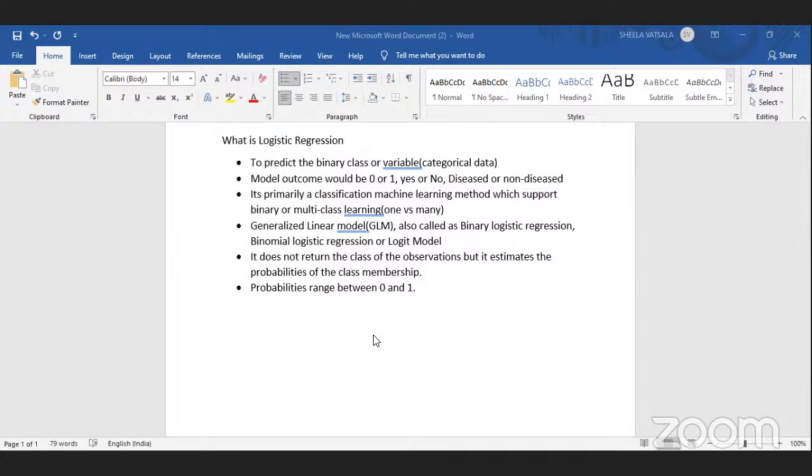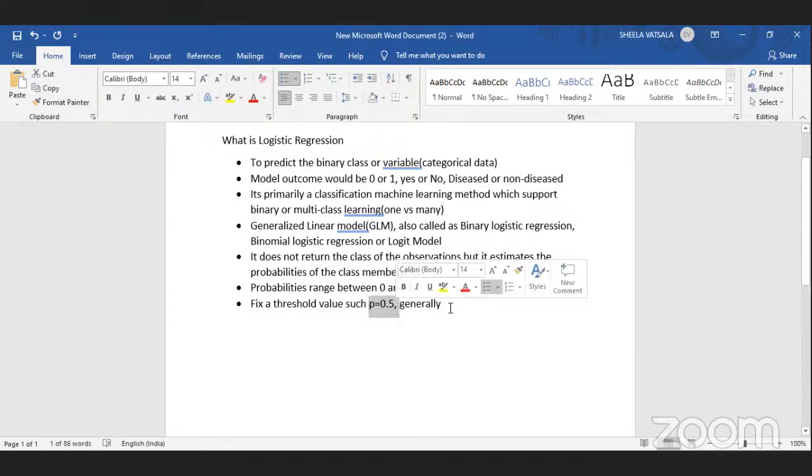While performing the modeling, we first set up a threshold value, for example p equals 0.5. In many cases, 0.5 is the threshold value generally considered, but it all depends on the business criteria and the analysis of the data set. 0.5 may not be the standard one, but it depends on the business requirement and the business problem. All right.